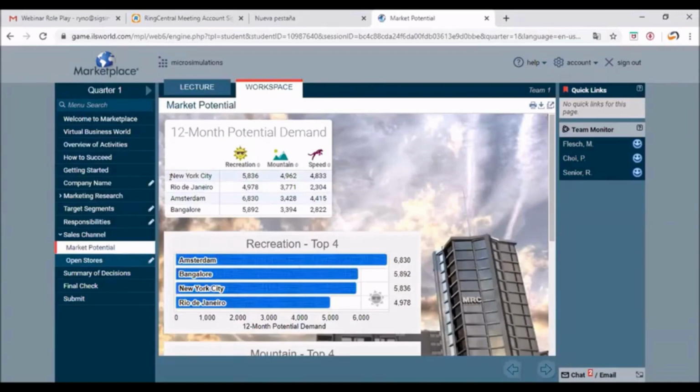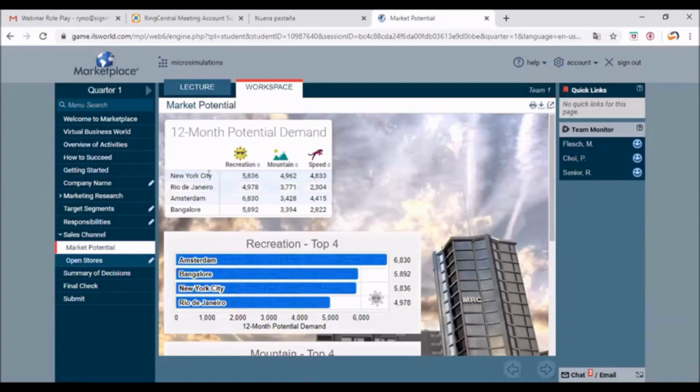What I've added is the potential of each of the cities in all 3 segments. Even if we're attempting to enter one first, eventually we might diversify into the others, so I would suggest looking at the market potential as a whole unit and seeing what we can expect from entering any of those markets.